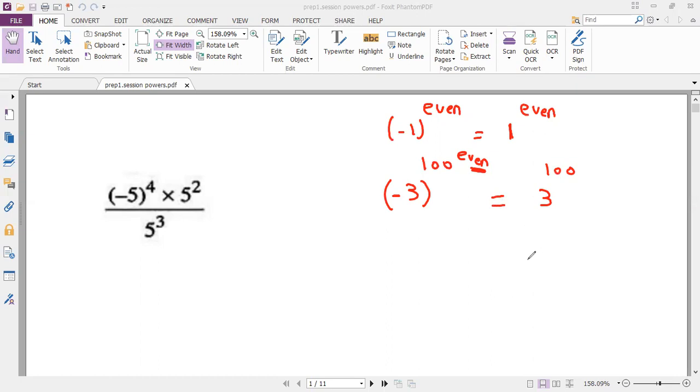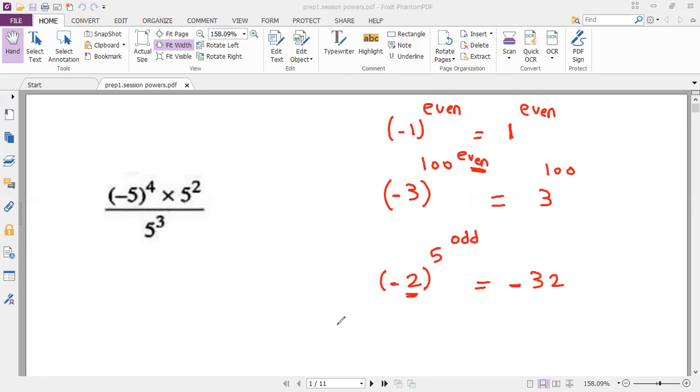They are equal. But -2, for instance, this is a negative number, raised to the power of 5. The power here is odd. So -2 raised to the power of 5 equals a negative number, and 2 raised to the power of 5 is 32.